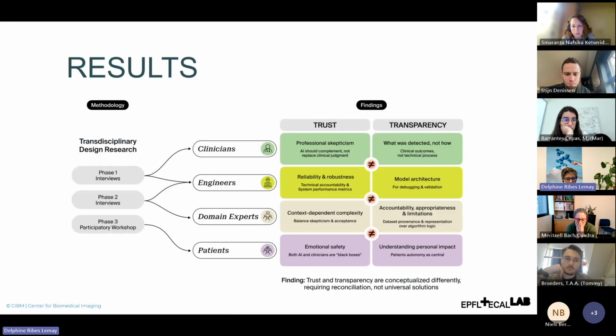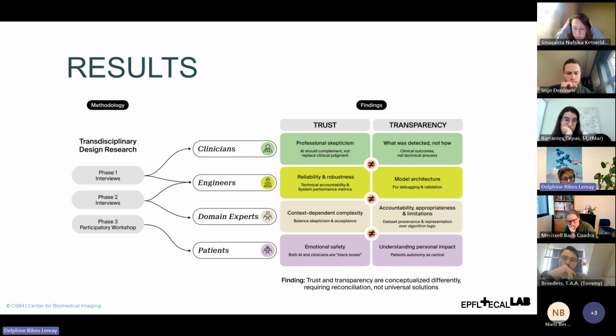And this is the graphical abstract of the paper, and it shows what we found, meaning, as I said at the beginning, people do not expect the same if they are a clinician, an engineer, or a different type of domain expert or patient, about what trust means and what transparency means.